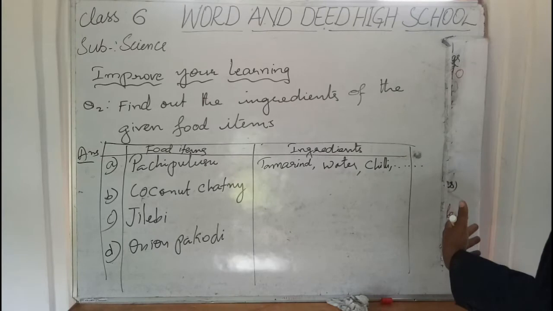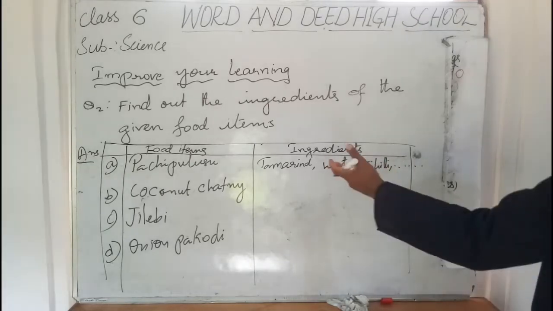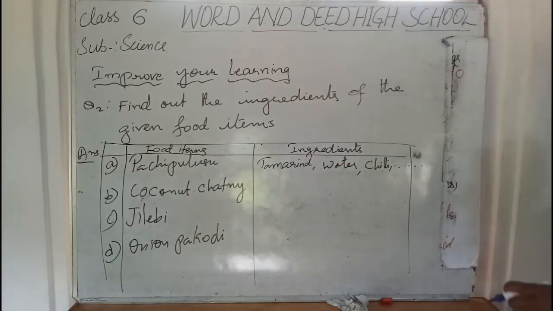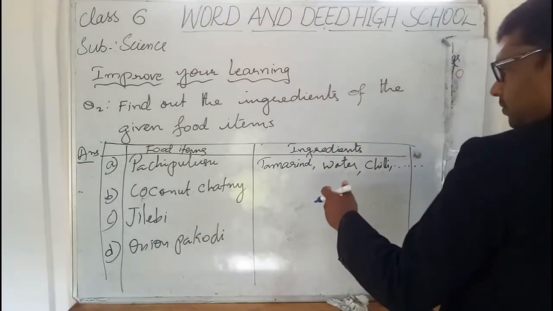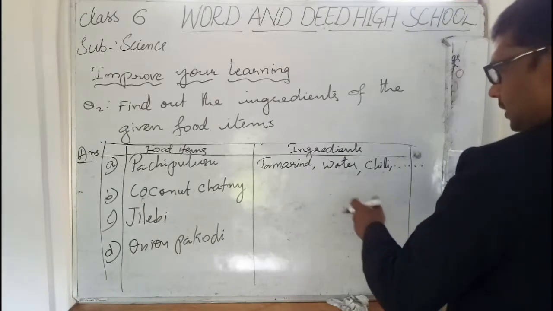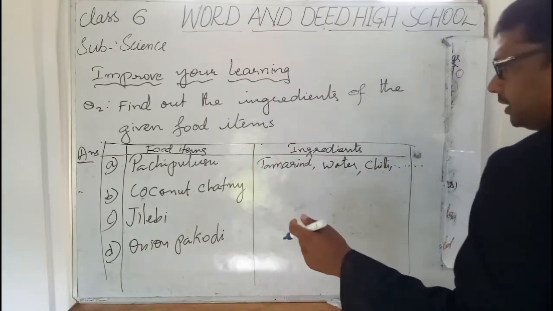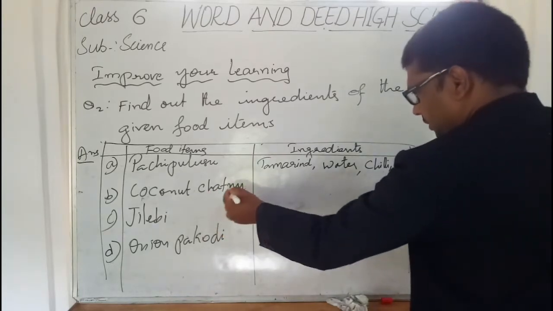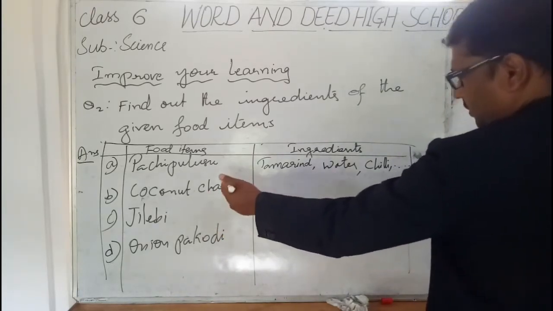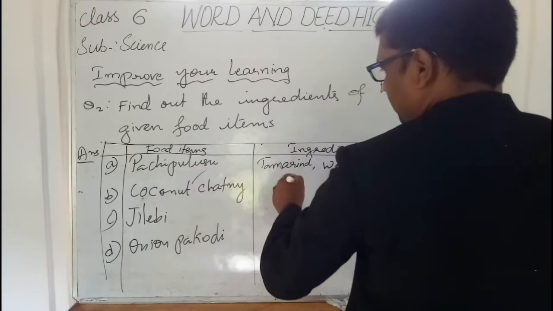If you know other ingredients than the ones I mentioned here, you just write them, that's enough. Okay, if you don't know, you just ask your mother or father. They know very well, more than you, and you can write the ingredients required to prepare these food items. Next, coconut chutney, same. Yeah, here coconut.